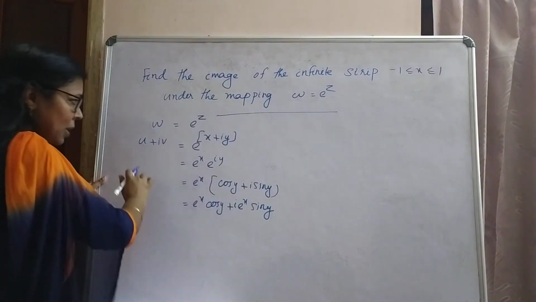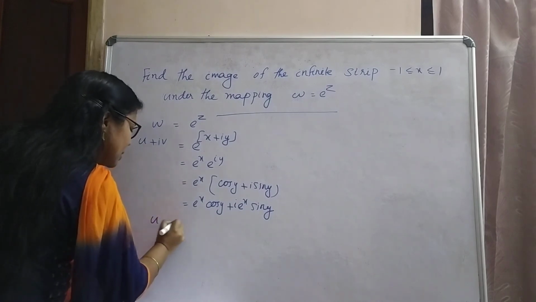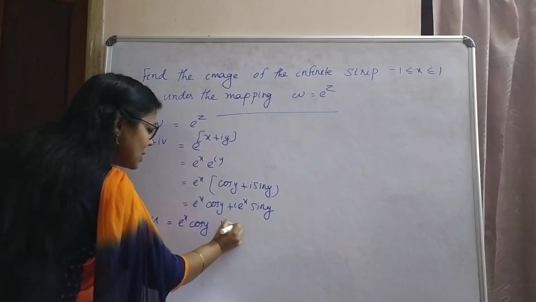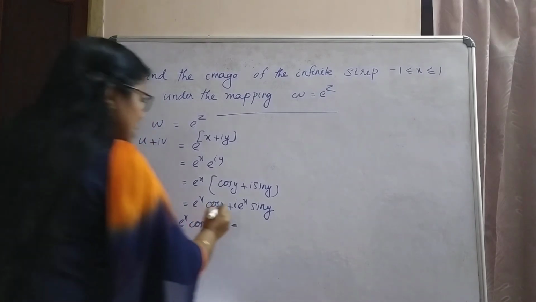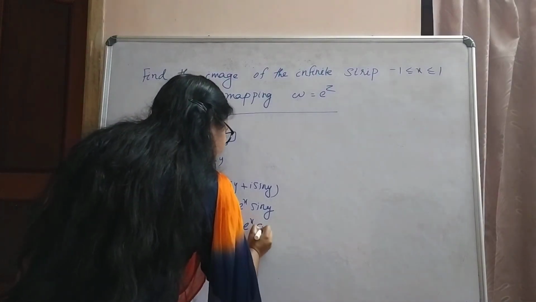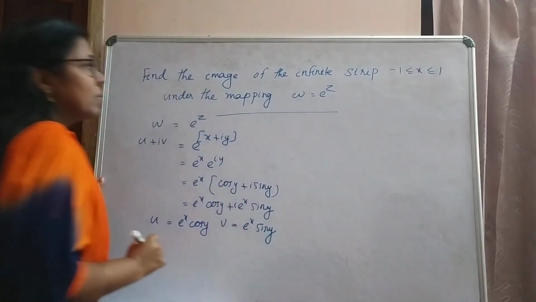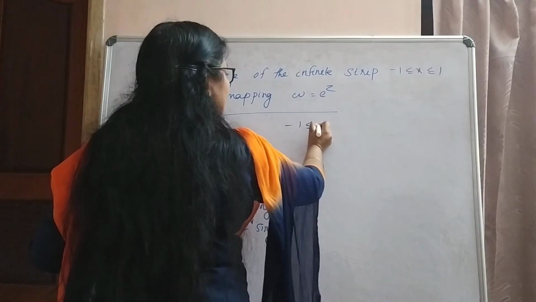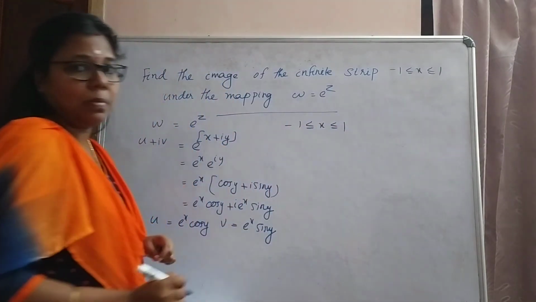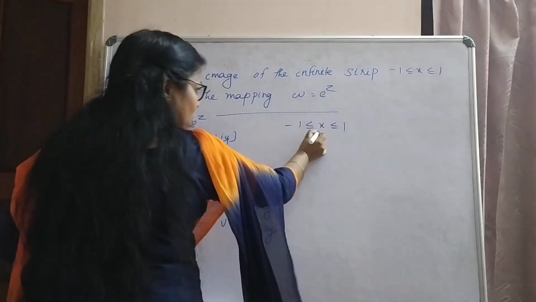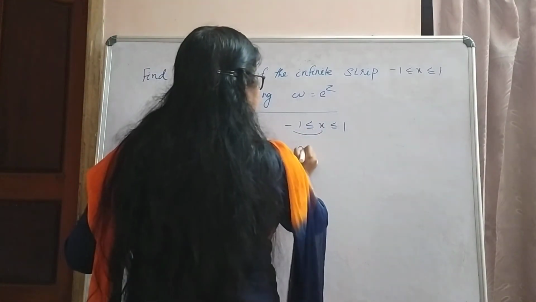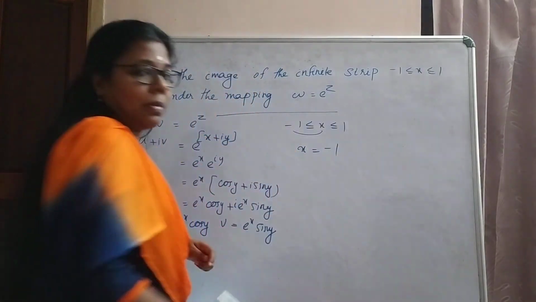By comparing on both sides, u is the real part, which is e raised to x cos y. Also v is the imaginary part, equal to e raised to x sin y. Now we have to find the image of -1 less than or equal to x less than or equal to 1. First take x equal to -1.